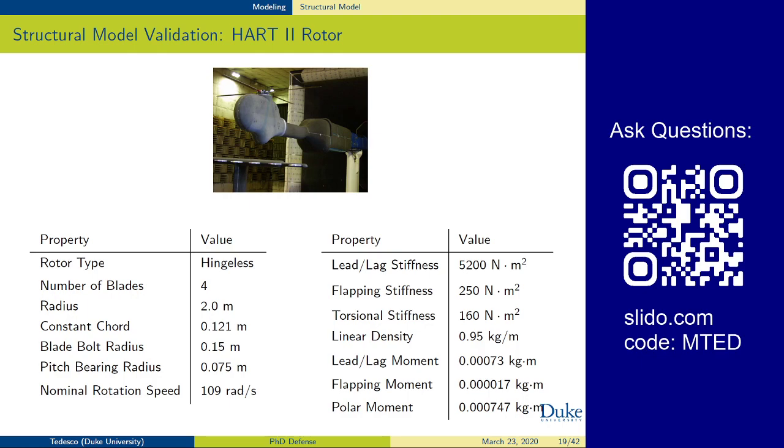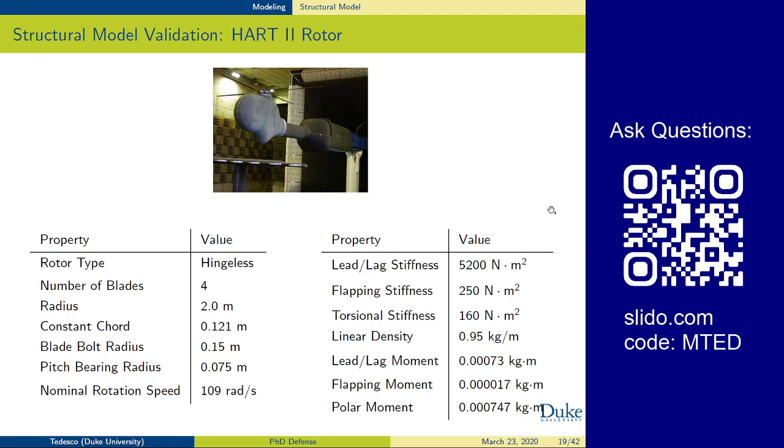It's basically a Mach-scaled BO105, like we saw on the title slide earlier. They collected a lot of different data for this rotor, so it's a great way to start comparing to known experimental results. Here is some basic information about the rotor, and some basic information about the constant chord cross-sectional properties for the rotor.